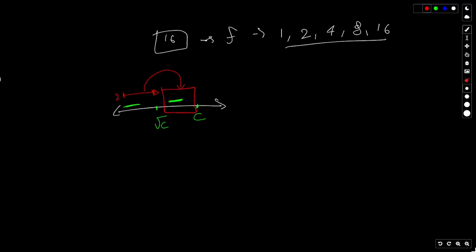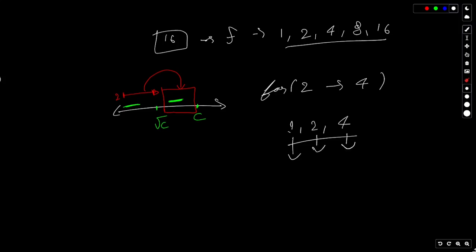And how will we do that? For all the factors of 16, we will run a for loop from 2 to root 16, which is 4. Since we have factors like 1, 2 and 4 at this point, we can get every other factor of 16 by multiplying these numbers which are smaller than root c or root 16.